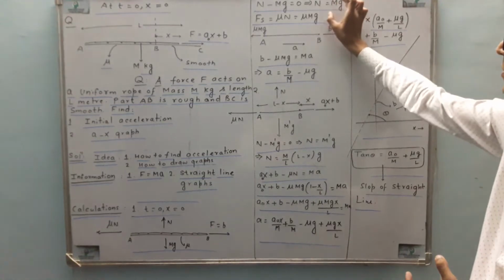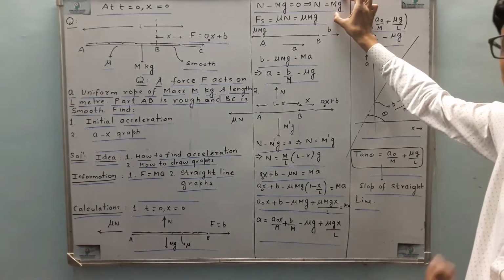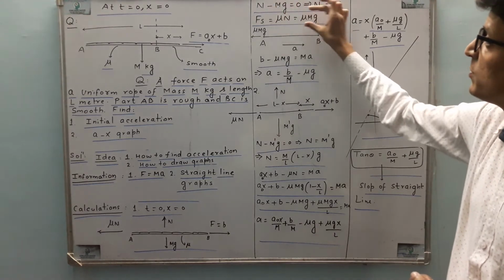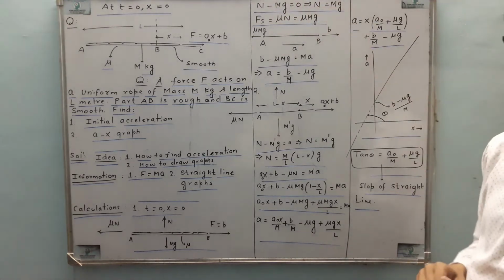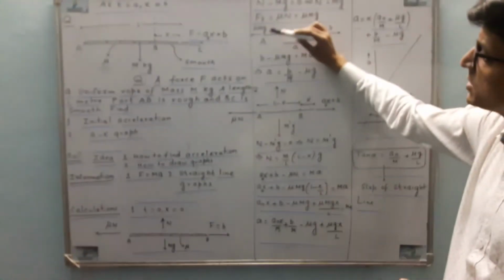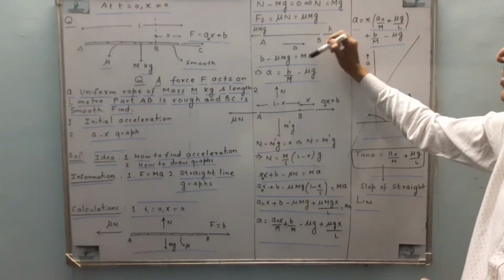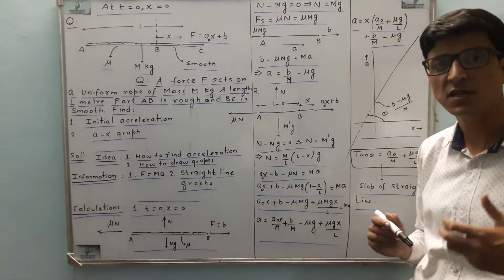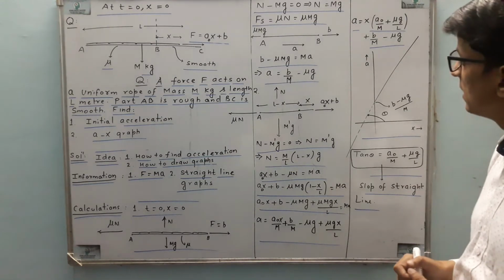So we have normal reaction as mg from the second equation. Then Fs is equal to mu into N, so that will be mu mg. Drawing the free body diagram of the rope, we have force B towards right, and mu mg towards left. So B minus mu mg is ma, so acceleration comes out to be B by m minus mu g. This is the initial acceleration of the block.